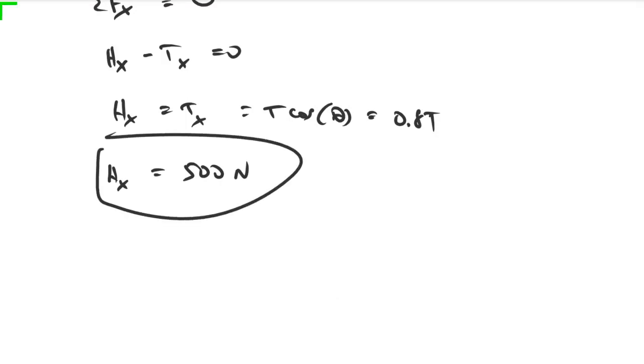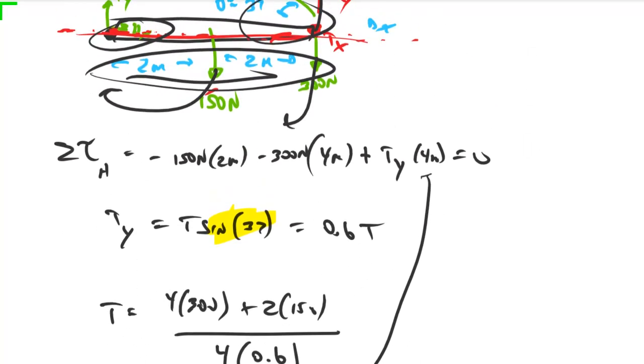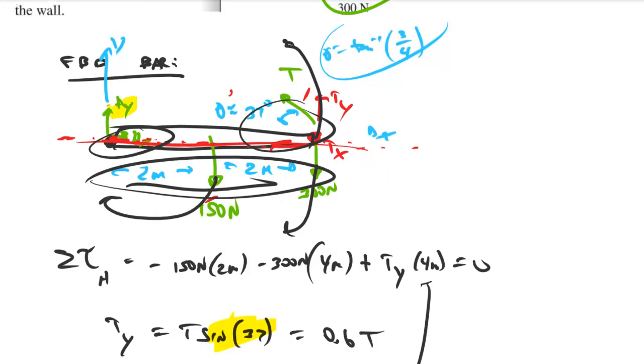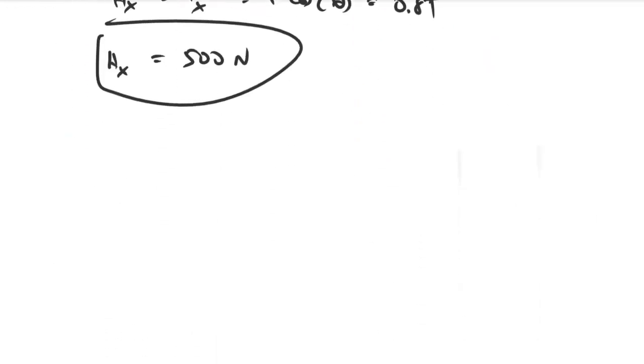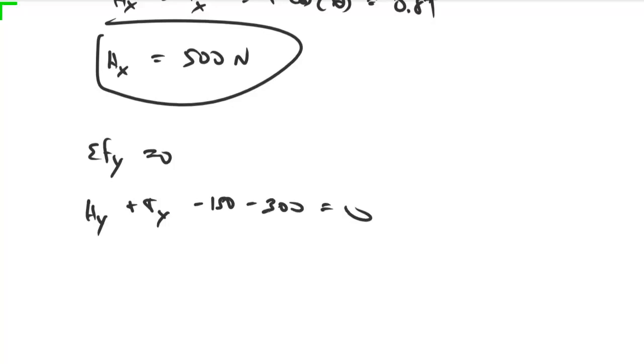And then lastly, we need to find the y component of that hinge force, Hy. We can just sum the forces in the y direction to find this. So summing the forces in the y direction equals 0. This is Hy plus Ty minus 150 minus 300 equals 0.